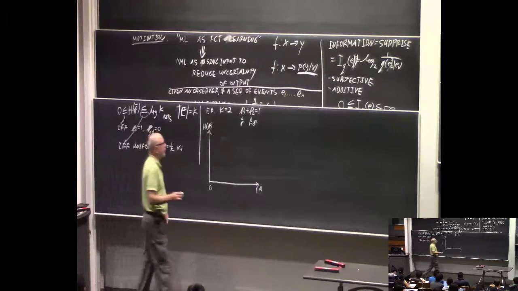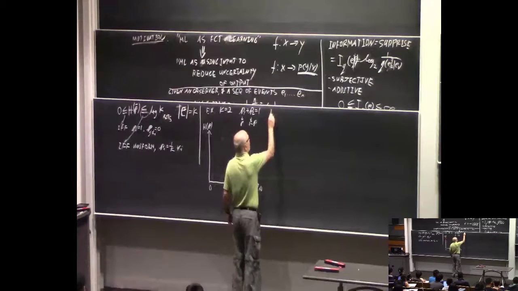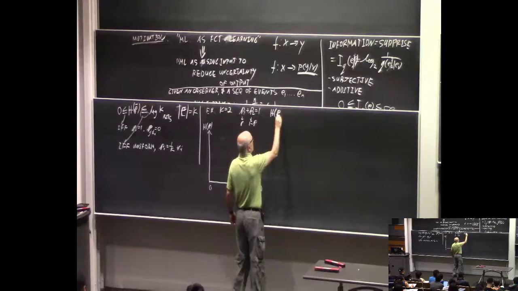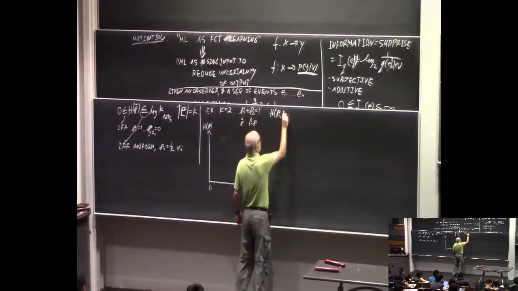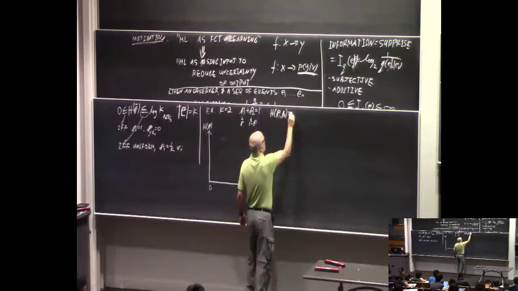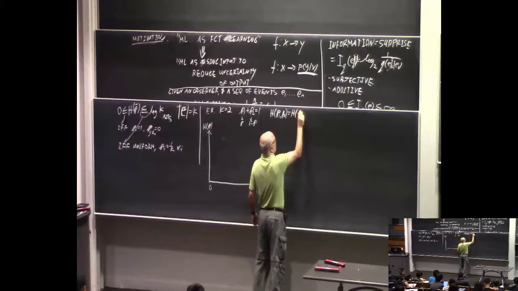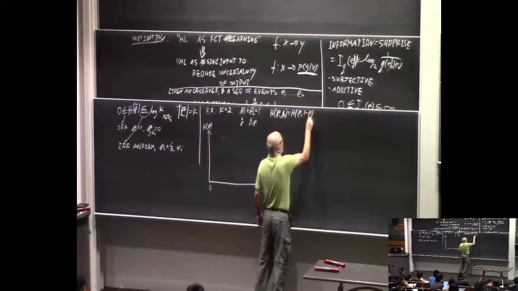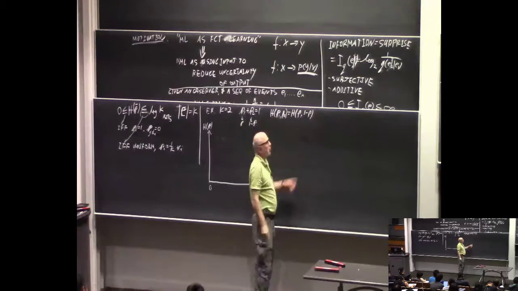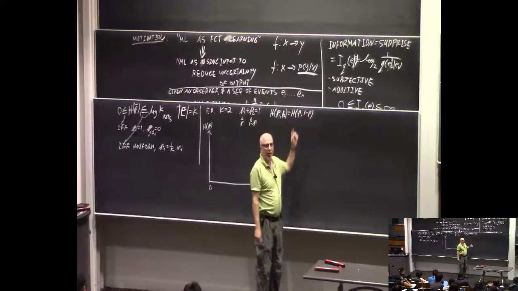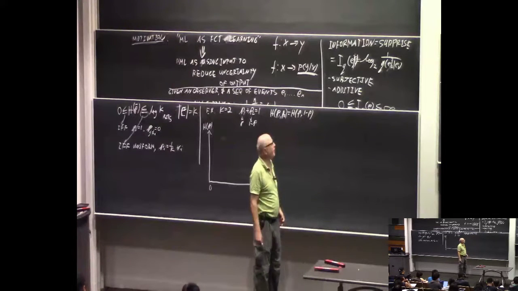Let me write down the explicit expression for entropy for this case of k equals 2, entropy of P1, P2, which I will also call entropy of P and 1 minus P. This is just a change of naming, just to emphasize the fact that there's only a single degree of freedom here.